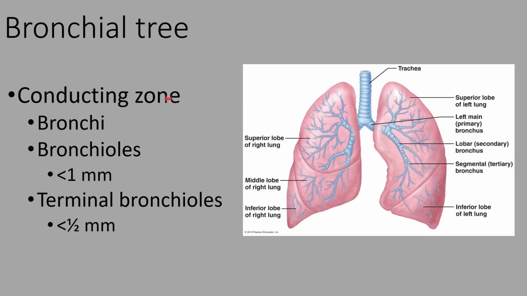All these tubes are collectively called the bronchial tree because it looks like a tree that's upside down, this being the trunk and then all the limbs of the tree. The conducting zone is the part of the bronchial tree that is concerned with moving gases.